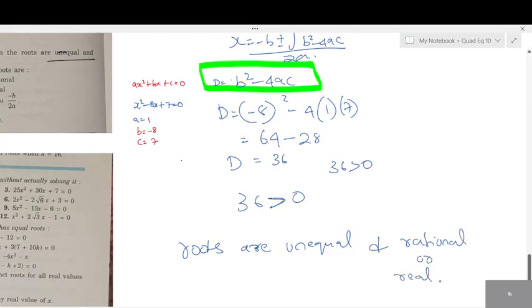Can you check the answer given in the textbook? What is given? Wait, let me check.